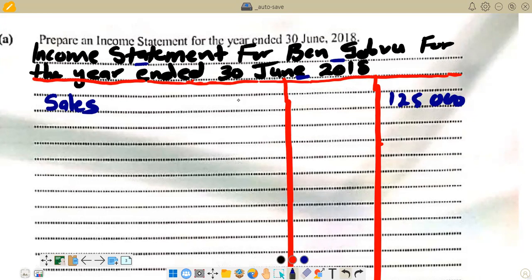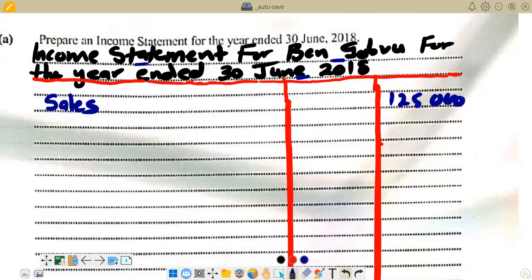Those are the 3 very important points when you are writing the heading: what you are preparing, who you are preparing for, and on which date the year is ending. If it's a company, on company accounts, you state the name of the company, for example ABC Limited. If it's a partnership, also state it, for example Tendai and Chipo. That makes it a complete heading.